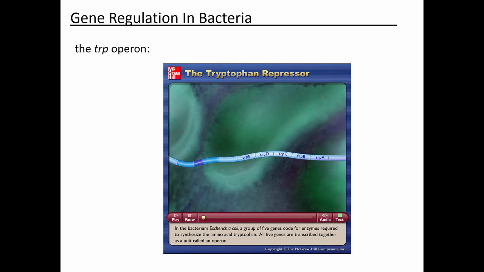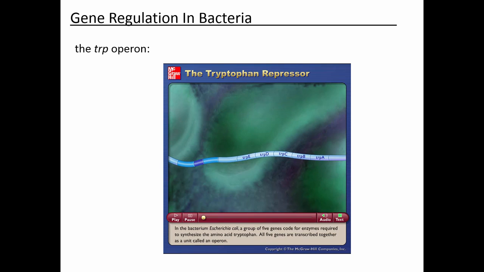That makes sense because if you have tryptophan present in the environment, then the cell can just use that tryptophan. It doesn't need to make it, and it would be a waste of energy for the bacteria to express these genes involved in making something you already have.